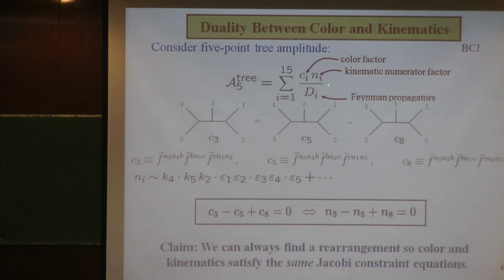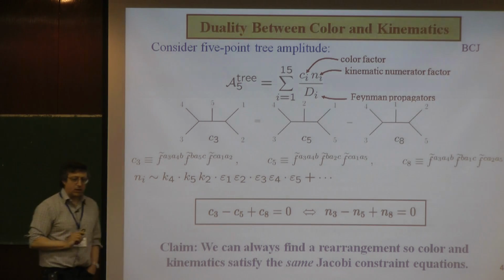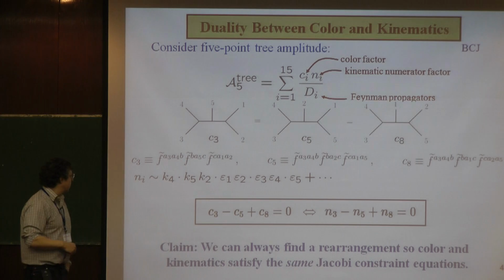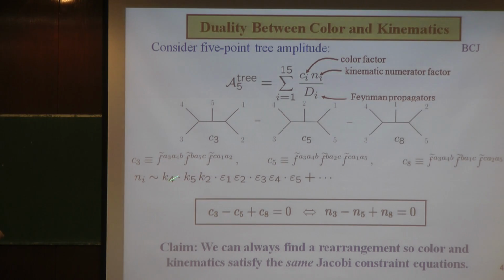There's the numerator factor. I'm writing it here in terms of polarization vectors, just to show you that there's nothing fancy going on. This numerator is just an ordinary numerator. Of course, you really should use better variables, whether it's spinors, momentum twistors, or what have you. And then down here, these are just ordinary Feynman propagators that you can just read off the diagrams.